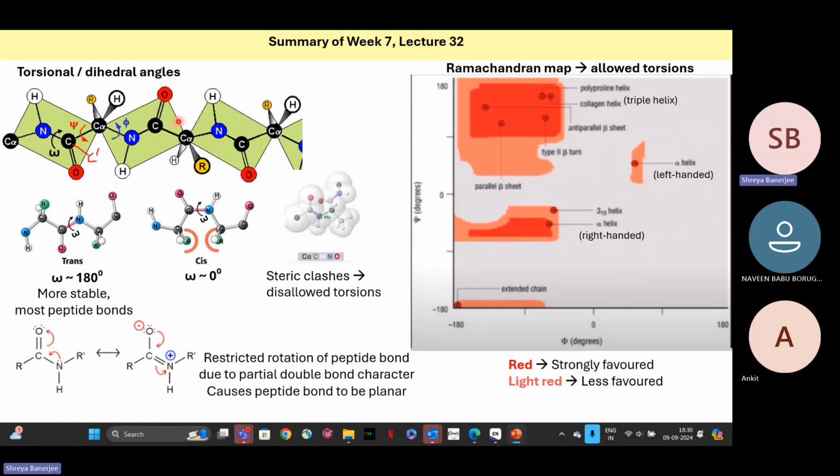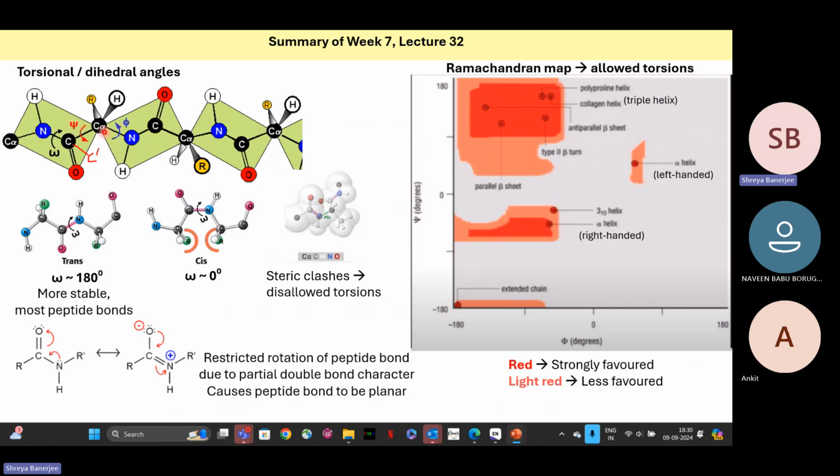There are two other torsion angles which are important. One is starting from N, C prime, C alpha, N. That is called the Chi torsion angle, shown in red here. And another is starting from C prime, C alpha, N, C prime. That is the Phi torsion angle shown here.